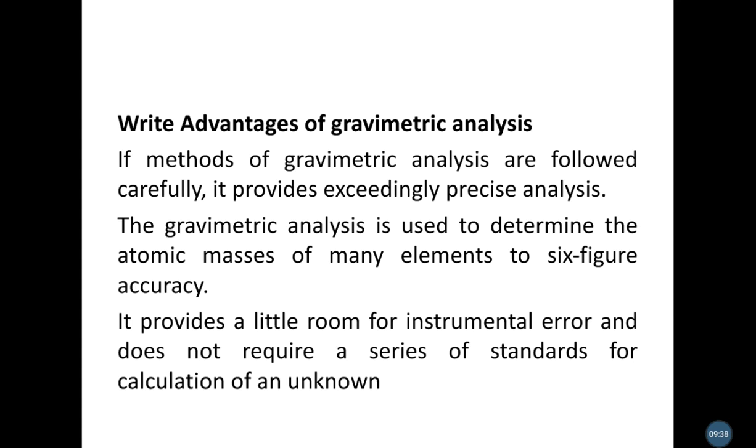Now gravimetric analysis definitely has some advantages. What are the advantages? Gravimetric analysis is used to determine the atomic mass of many elements to 6-figure accuracy, a 6-digit accuracy. It gives the atomic mass for the identification and determination of any element. It uses little instrumentation with a certain error, but does not require a series of repeated errors to accumulate. It is very good for unknown samples.